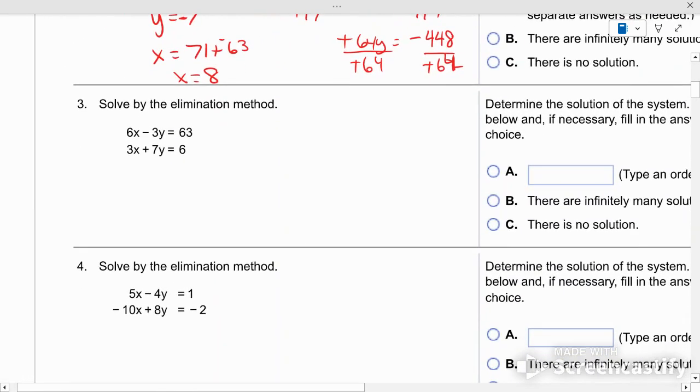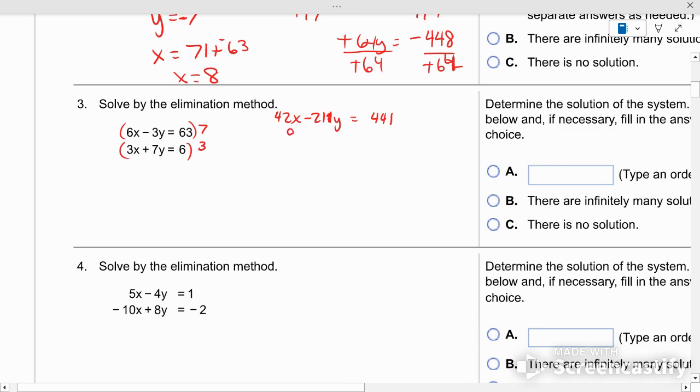I like the elimination method but much better. We have opposite signs with our y's, so I'm going to create opposites out of my y's. So I'll multiply my top row by 7, my bottom row by 3. So then I create opposites. So 42x minus 21y equals 441.